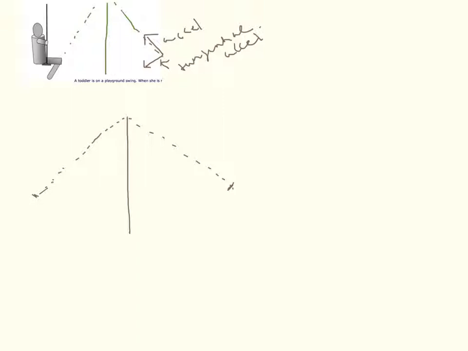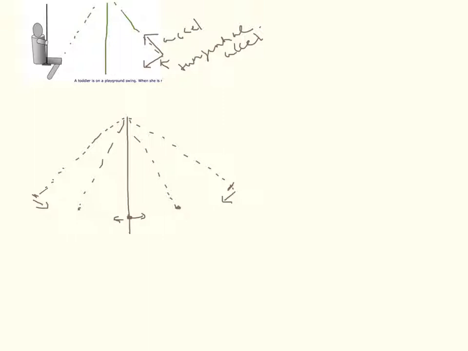From here she'll always go down, and from here she'll always go down. Here, though, she could be going this way to the right or this way to the left. We might also be considering some points in between that. And the question is, how do we think about whether or not she has any tangential acceleration?